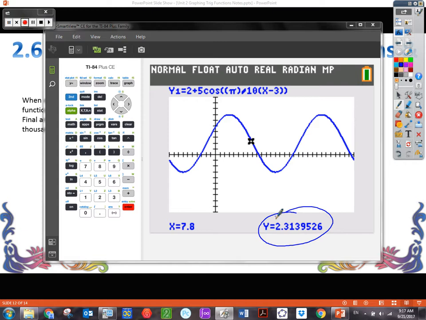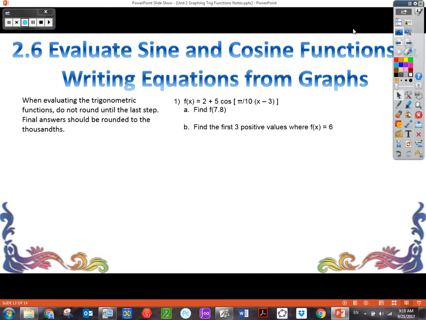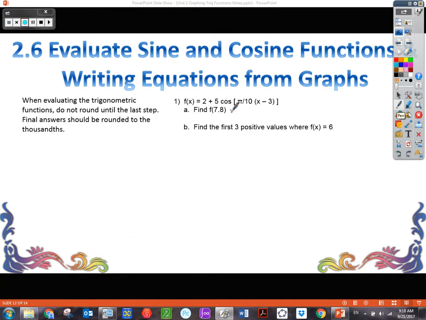That's pretty straightforward. Sure, you could do table. There's several ways to do all the things that I'm showing you. I'm just trying to vary it so that we can see things in a different way. So let's close this out for a second. So here we're going to say that equals 2.3139.